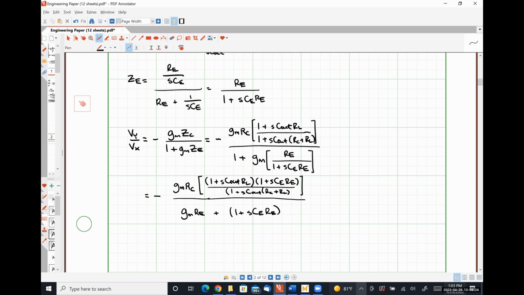So I'm going to lump together GM RE plus 1 as my real part, and then I'm going to have an SCE RE as my imaginary part, and then I'm going to factor out that 1 plus GM RE. Okay. I know that I said a lot of words there.